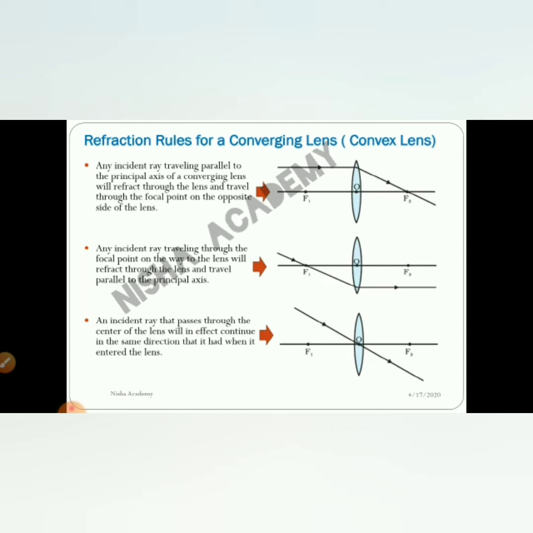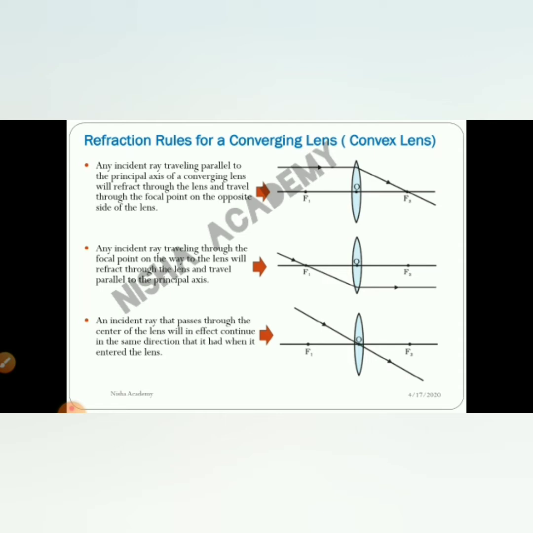Now you can see an incident ray which is coming from the left side and which is parallel to the principal axis of the converging lens. Here the converging lens is the convex lens. So the light ray coming parallel to the principal axis is refracted through the lens and travels to the focal point on the opposite side of the lens.